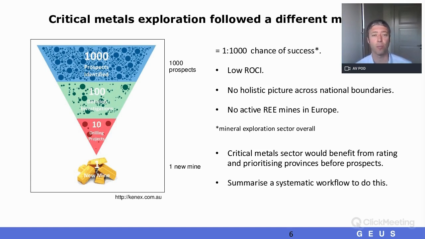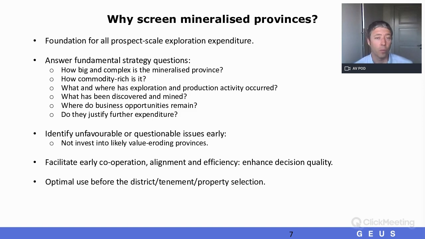I'm going to summarize a systematic workflow of how to do this. So just to clarify, why screen mineralized provinces? Because that's the foundation scale for all future exploration expenditure. Companies have fundamental strategic questions like how commodity rich is a region, what's been discovered there, what business opportunities remain, do they justify further expenditure?